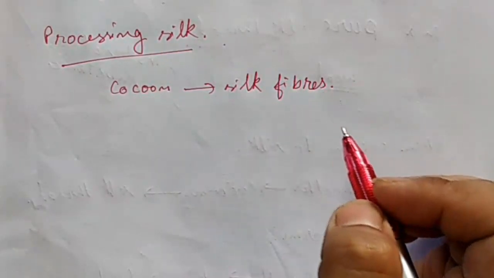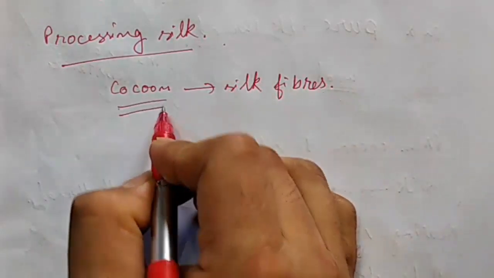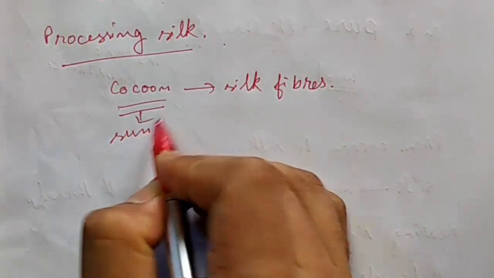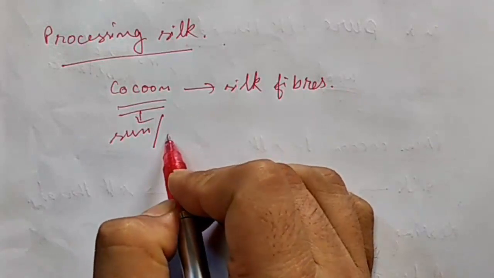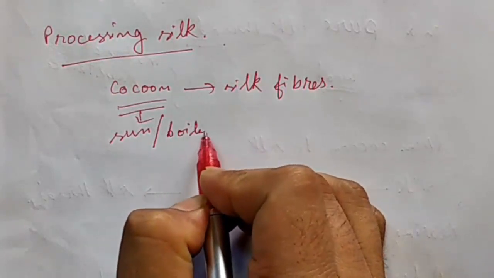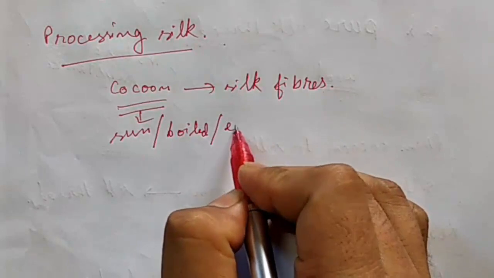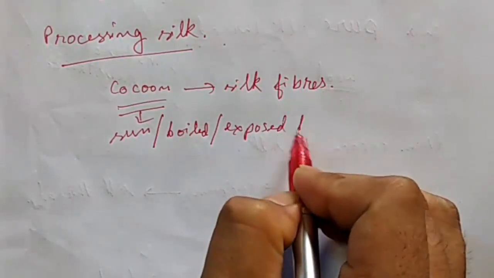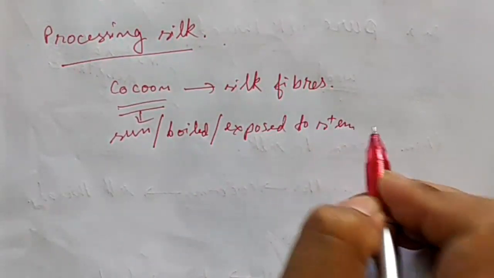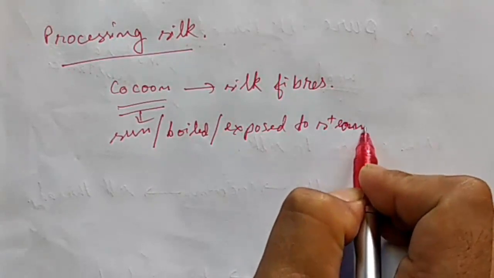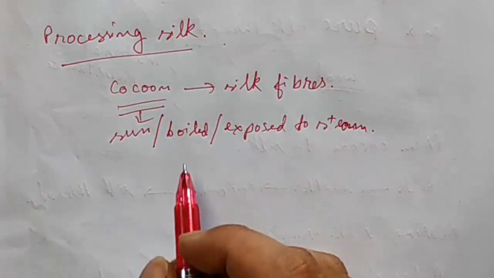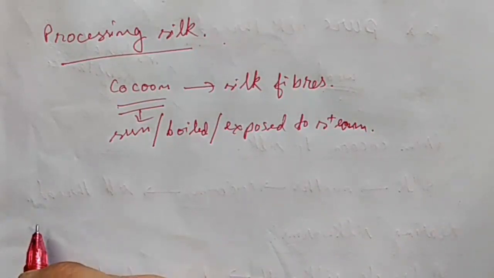The cocoons are kept under the sun, or boiled, or exposed to steam. The silk fibers separate out. This process of taking out threads from the cocoons for use as silk is called reeling of silk.